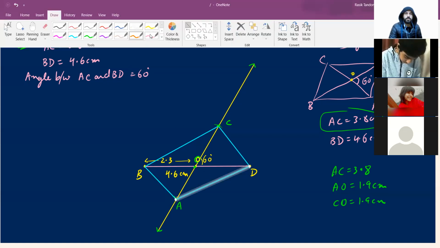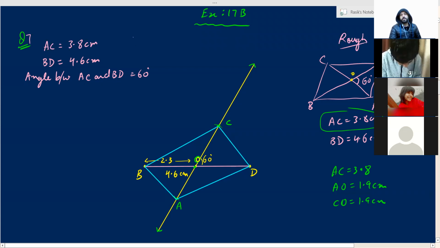Fine. Post your answer in the group. So what we have done, we have constructed the diagonals of length 4.6 and 3.8, and the angle between the diagonals is 60 degrees. And hence we have got the parallelogram ABCD. Fine, all of you.